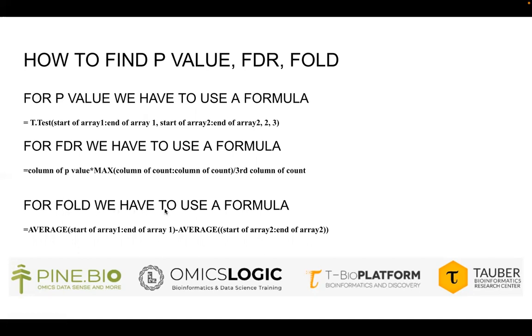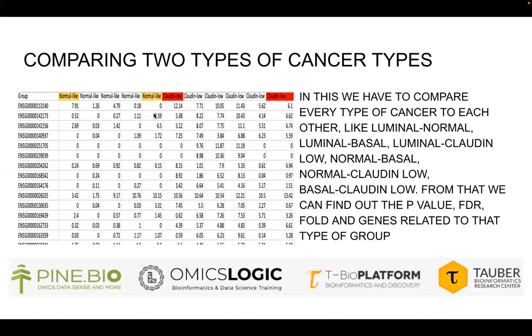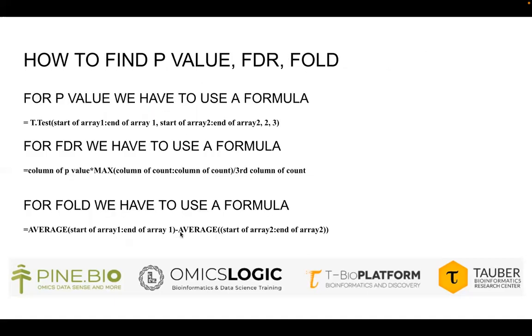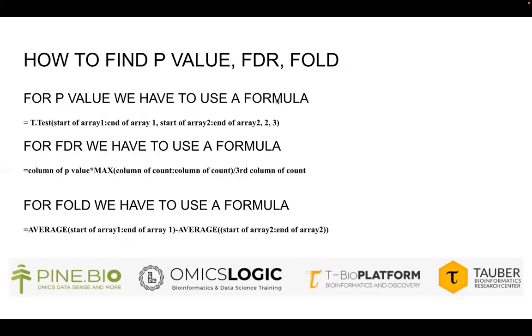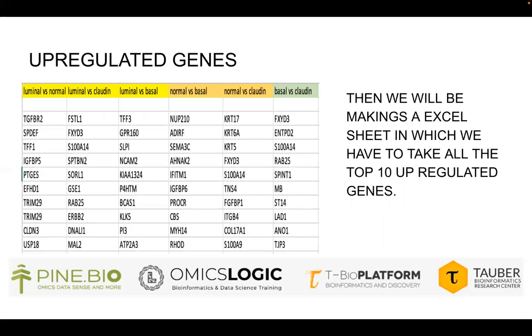And for fold, we can use the formula: the average of array 1 and array 2, that is, the average of array 2 minus the average of array 1.